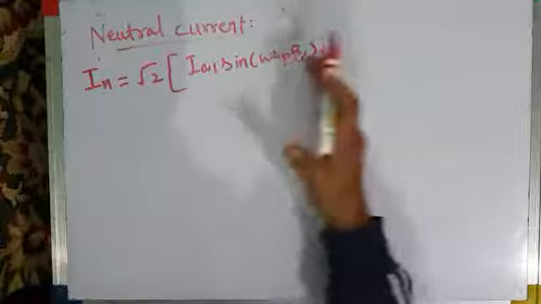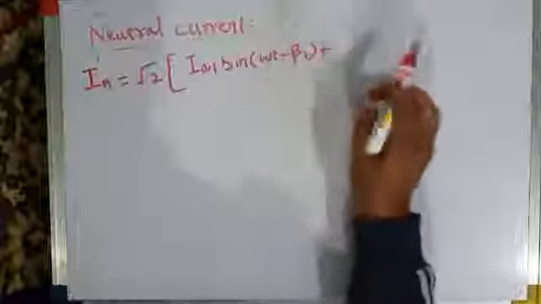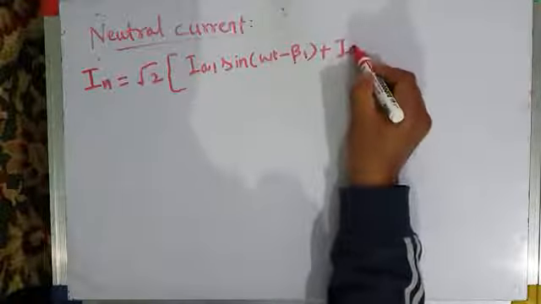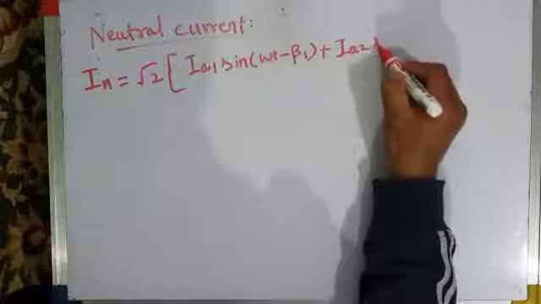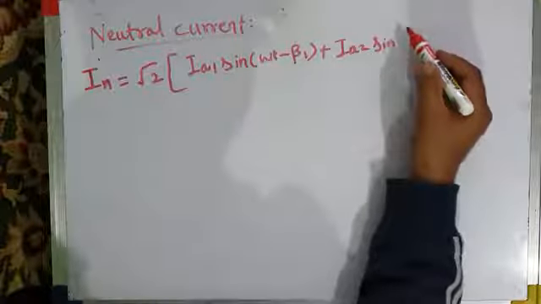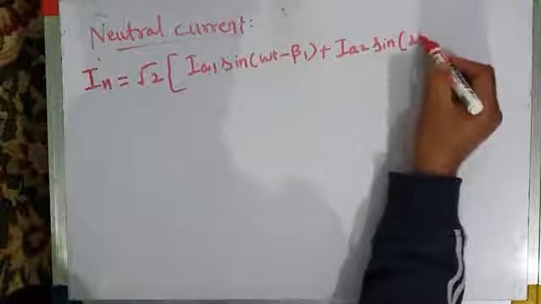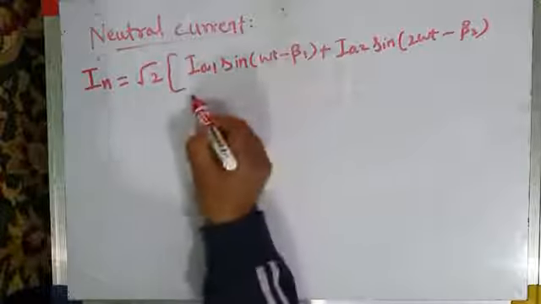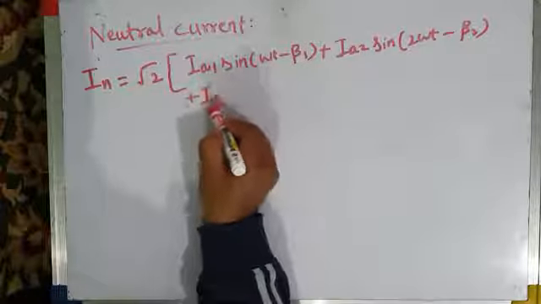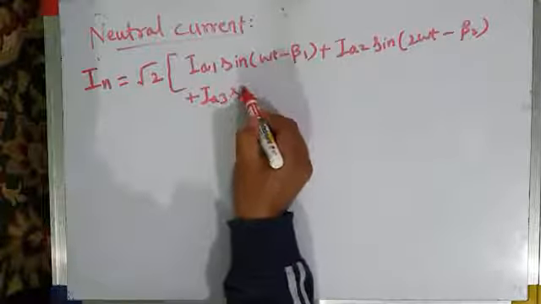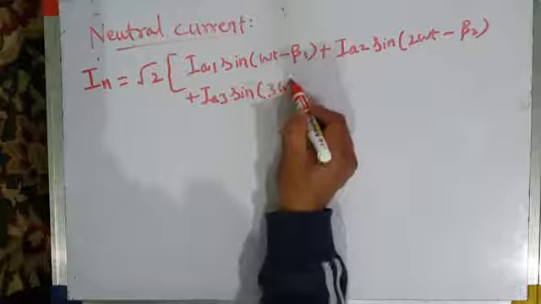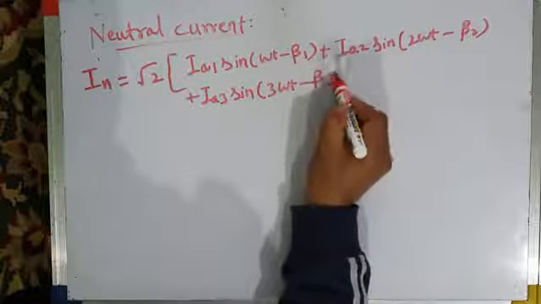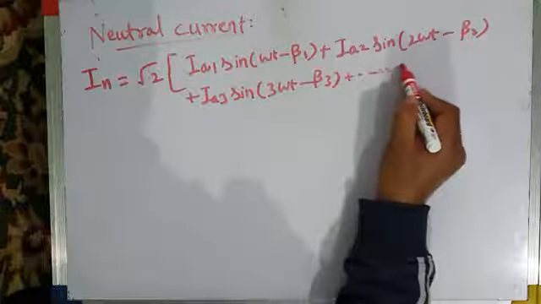Let me write those harmonics. The second harmonic component of current is IA2 sine of 2 omega t minus beta 2, plus the third harmonic component is IA3 sine of 3 omega t minus beta 3. You can continue like this, plus.